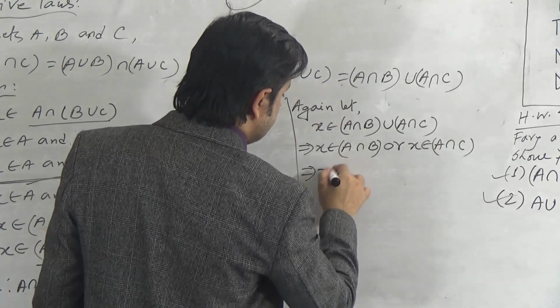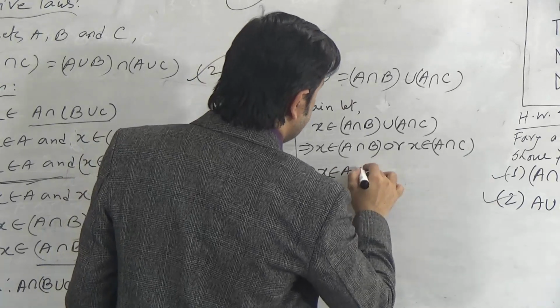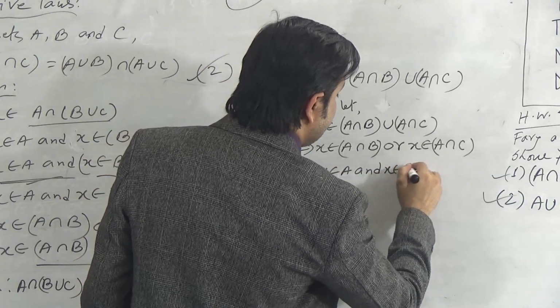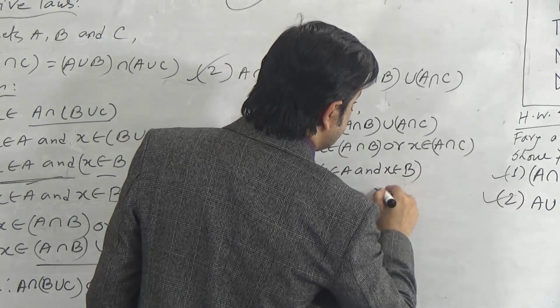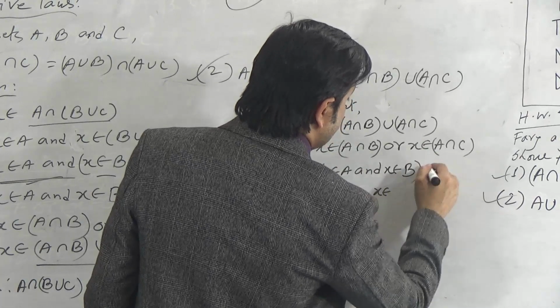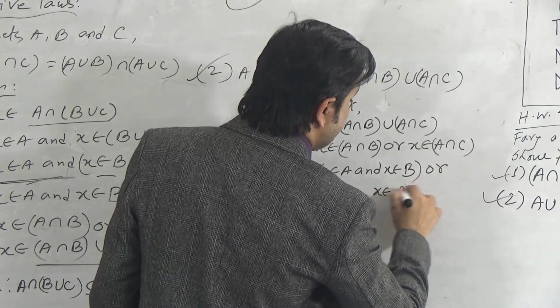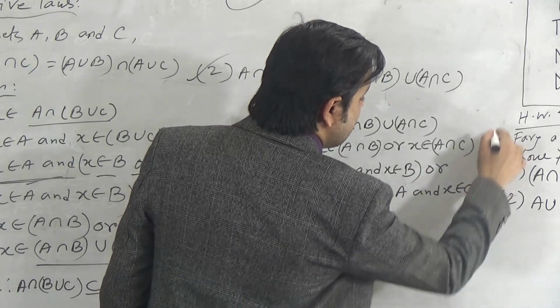It means that x is contained in A and x is contained in B. From this we can write, here we can write or, x is contained in A and x is contained in C.